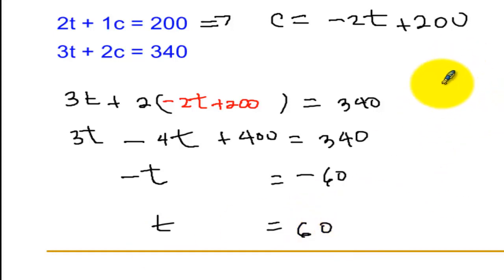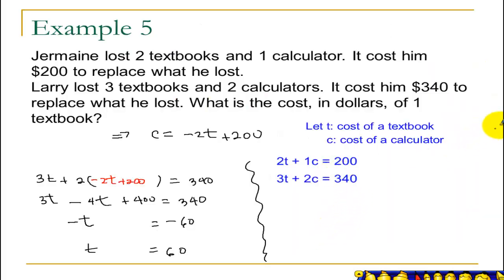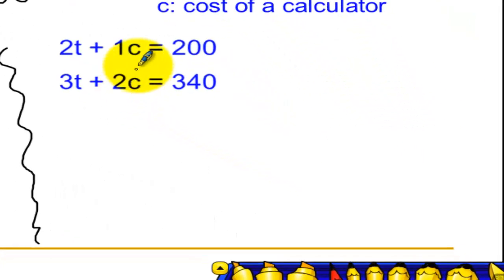If you're going to use elimination, we should be able to get the same answer. So let's solve the same system using elimination. Since we would like to solve for t, we will eliminate our c. So this is 1c, that's 2c. If I make this equal to negative 2c, then our variable c will be eliminated.